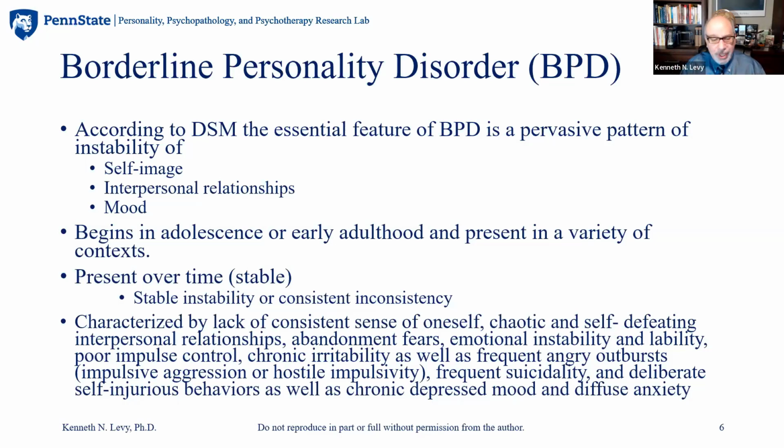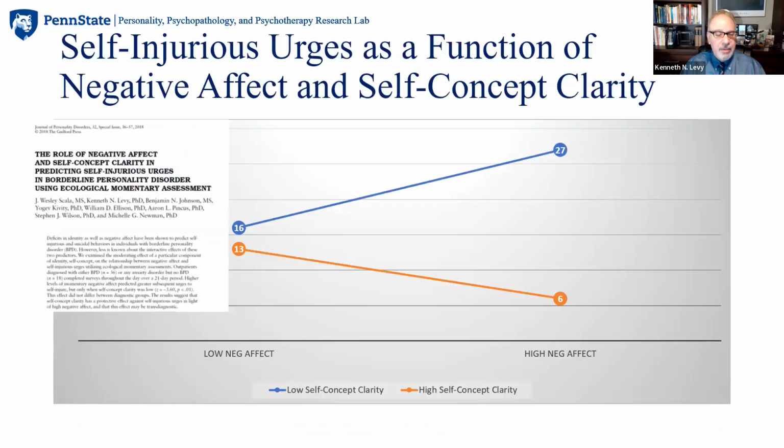To illustrate this, we did a study where we looked at people with borderline personality disorder as compared to people with anxiety disorders over a 21-day period, where we used smartphones to assess various aspects of the patient's experience as related to specific events that the person may be experiencing.